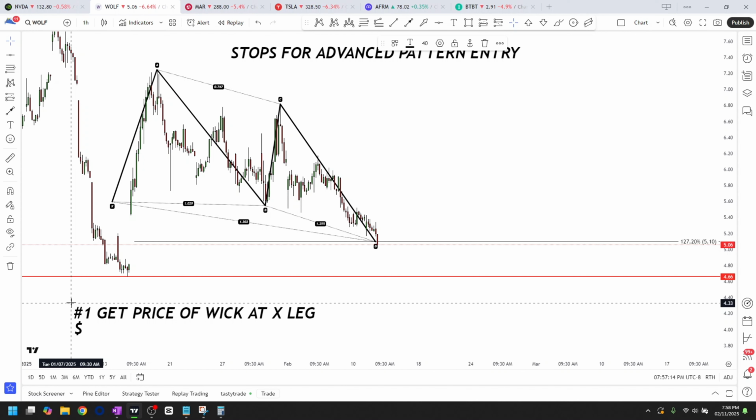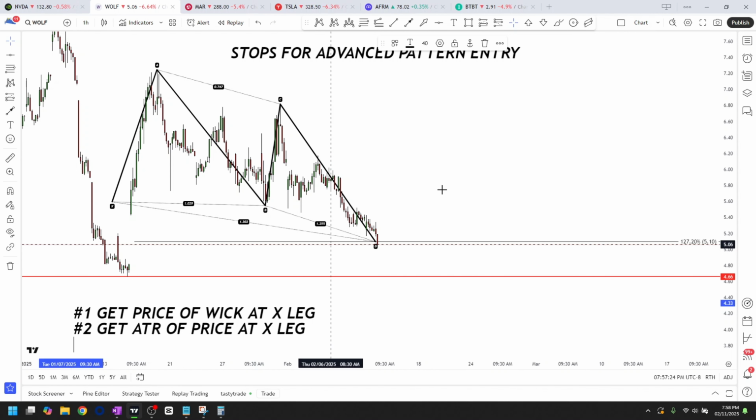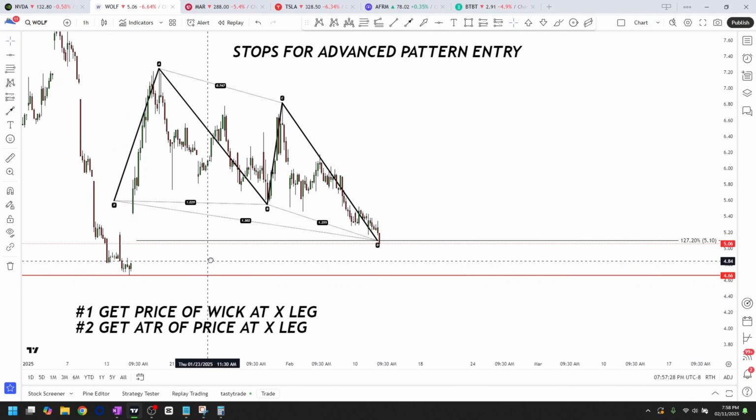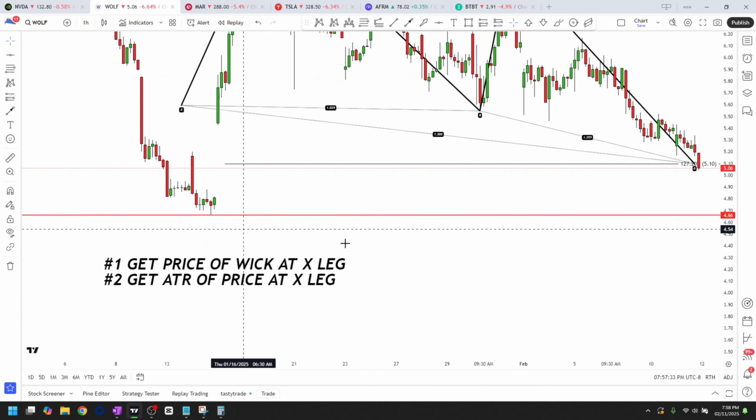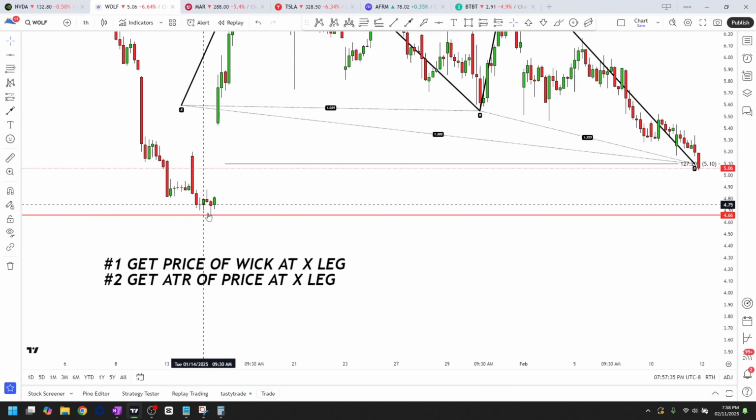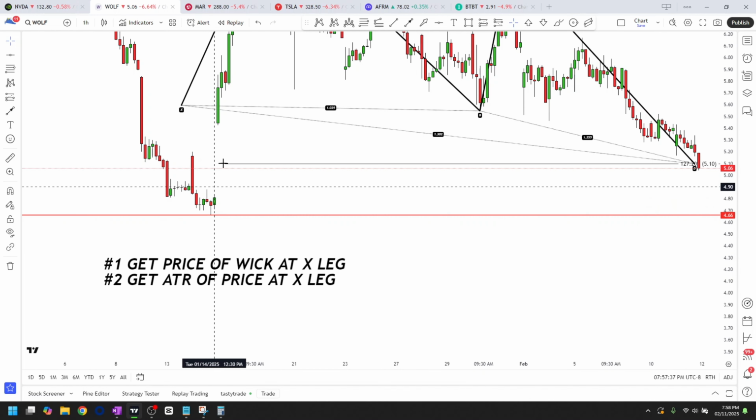And number two, get ATR of price at X leg. Okay, so the price is 466 on the wick right there. I hope that's not too small for people looking at this on phones, right? 466 on the wick, the lowest part. This is X right here, the beginning of X, that impulse.